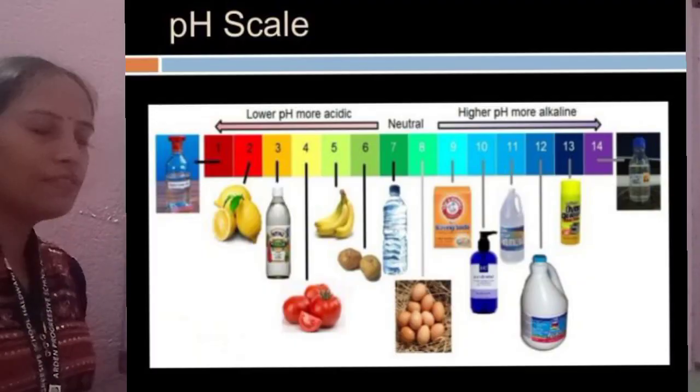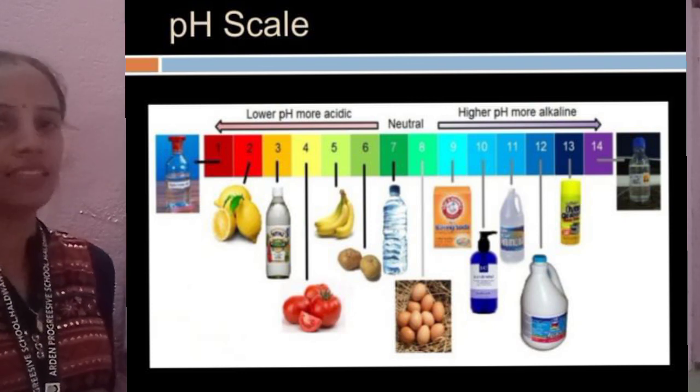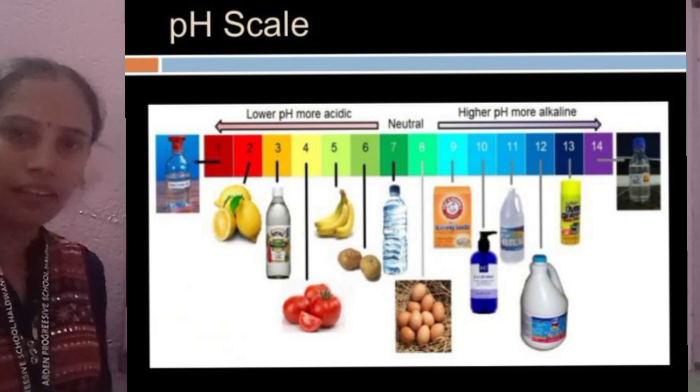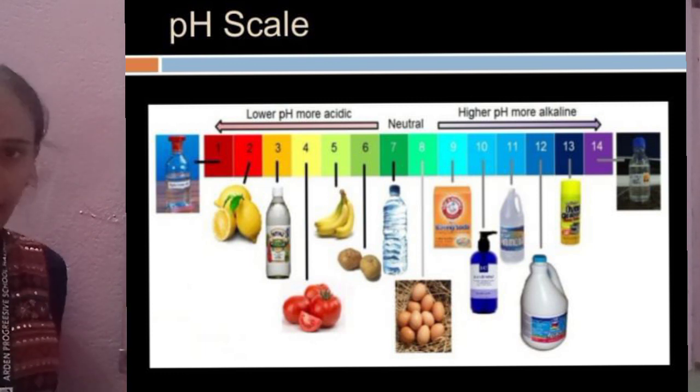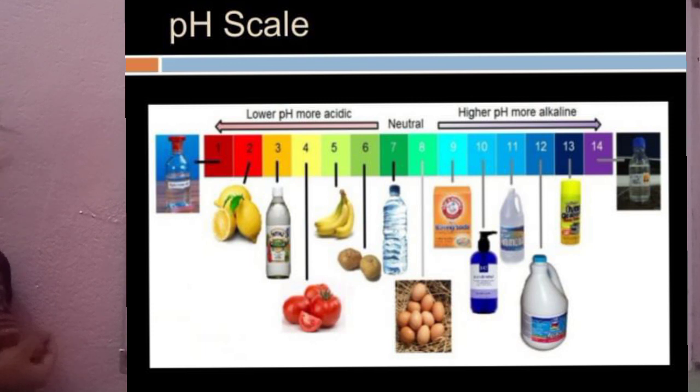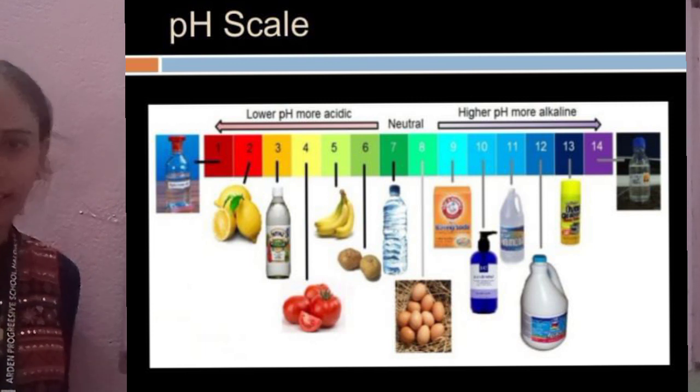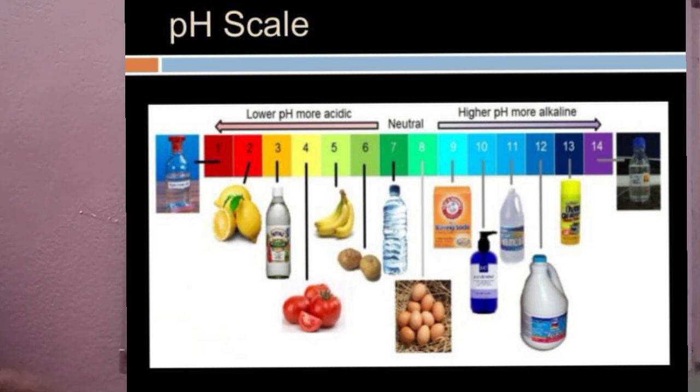So students, in this figure you can see the different substances according to their pH. See, the substances which have the lower pH are highly acidic. You can see in this figure that lemon is present at a pH of 1.